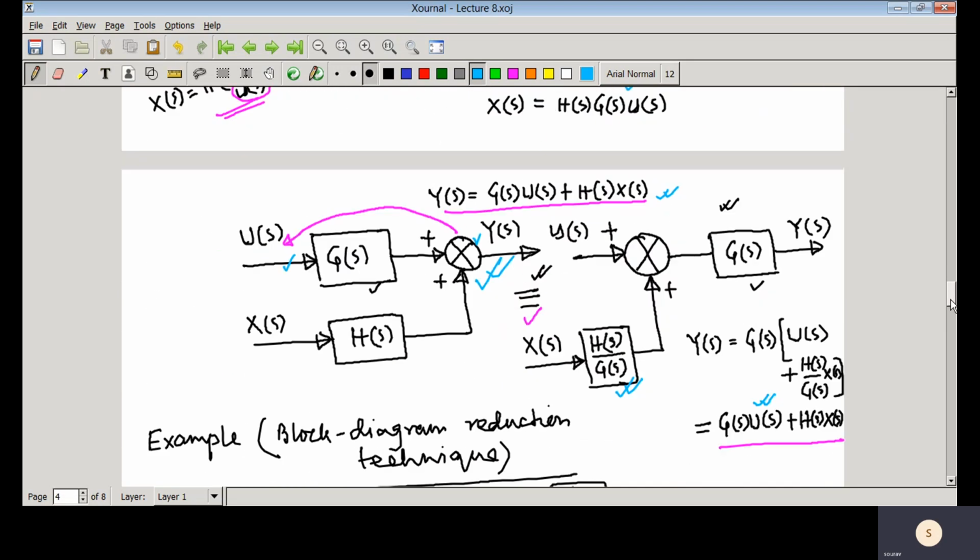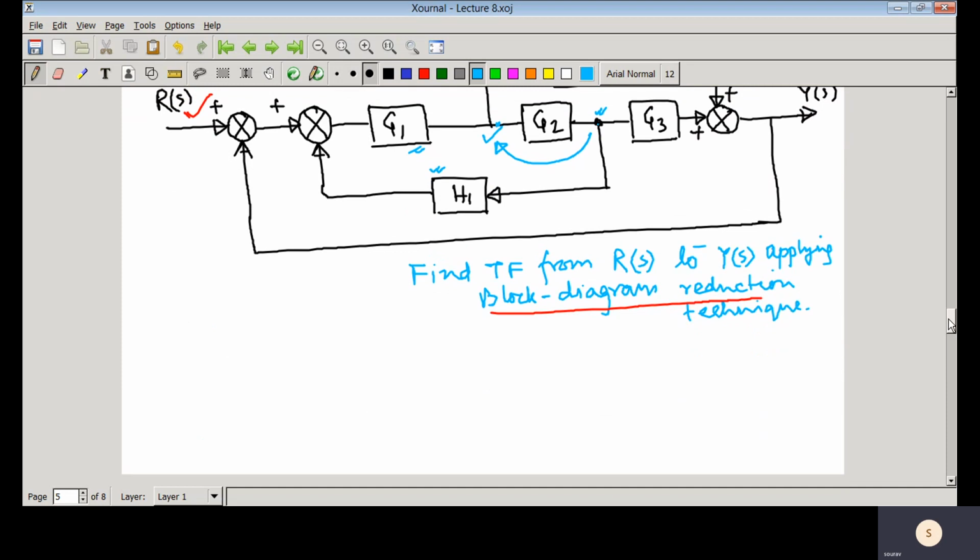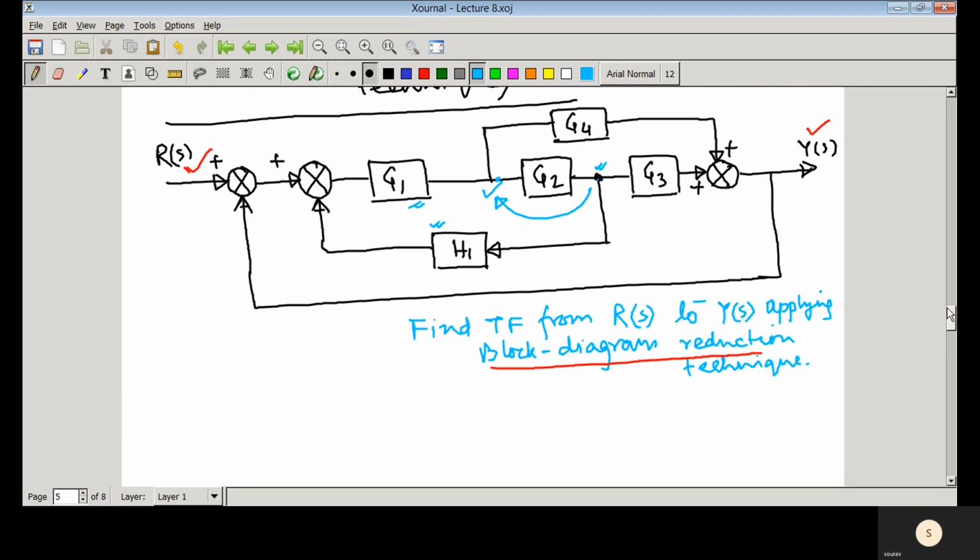So the first simplification is, you need to show all the steps here. This is the block diagram, these are two comparators, and here you have G1.